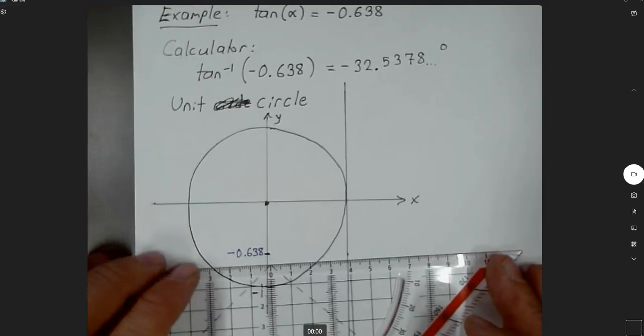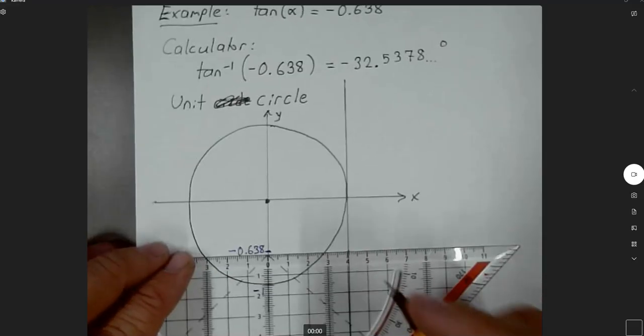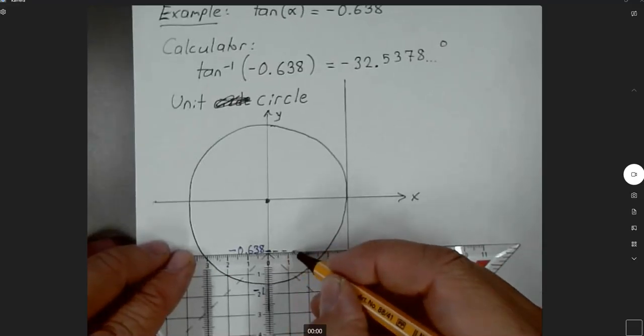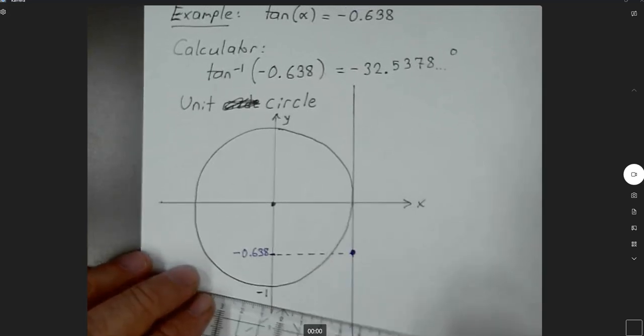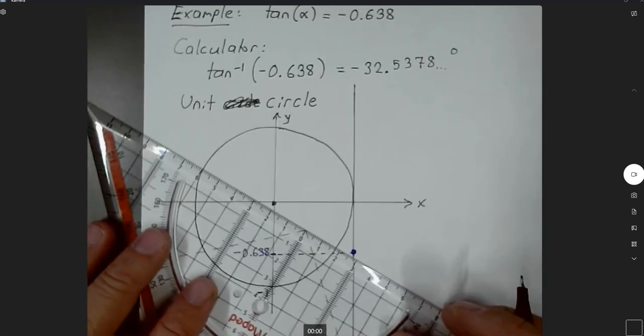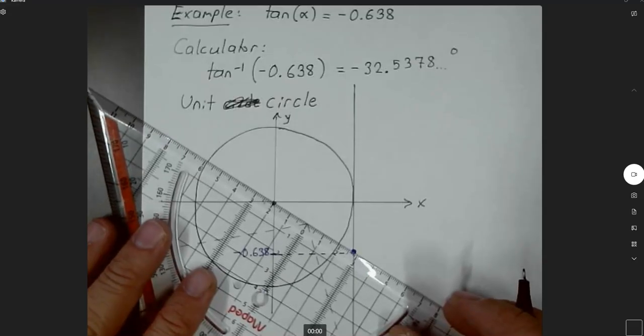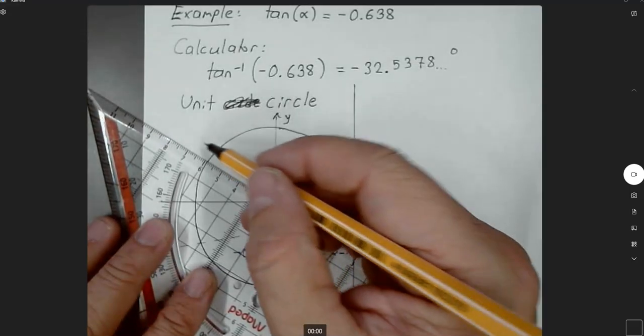So at that height we will find the tangent point there. And the angle will be here.